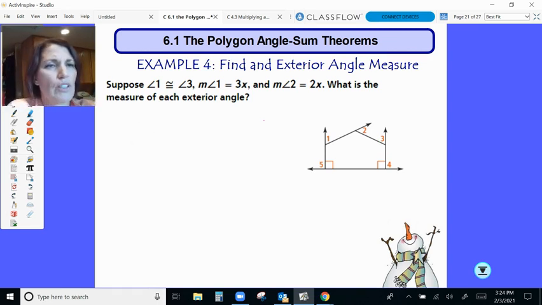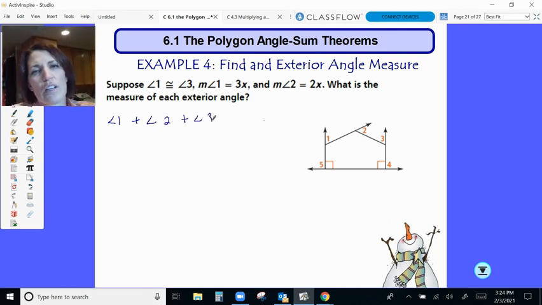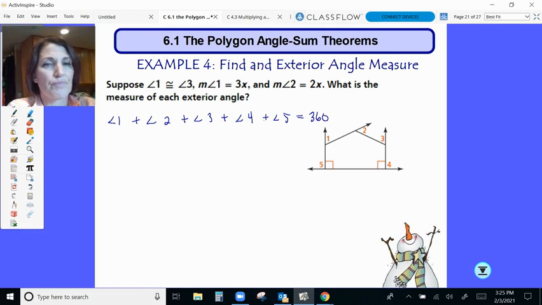I'm going to write out, I know that angle 1 plus angle 2 plus angle 3 plus angle 4 plus angle 5 all have to equal 360 degrees, because they're exterior angles, not interior. I also know that measure of angle 1 equals 3x.